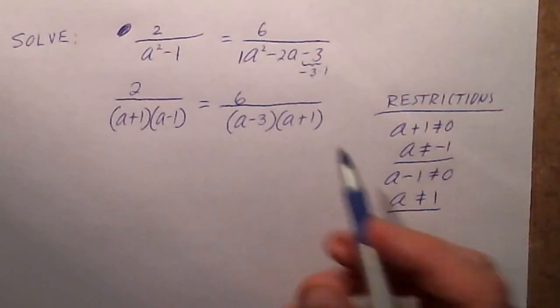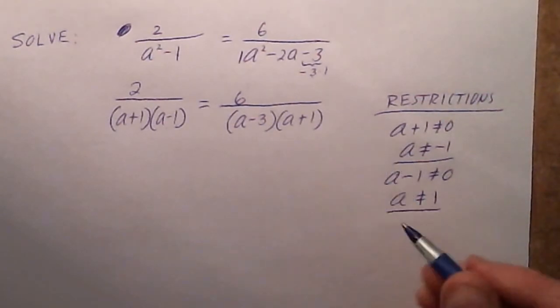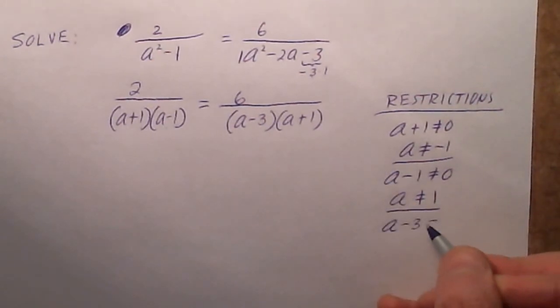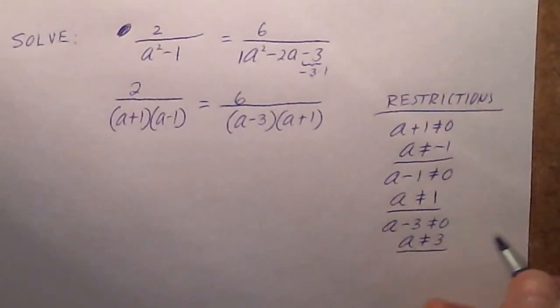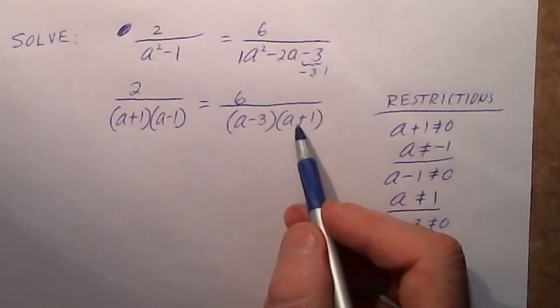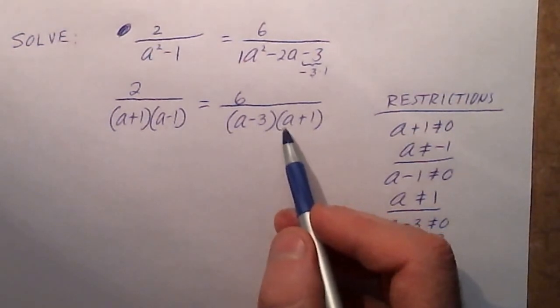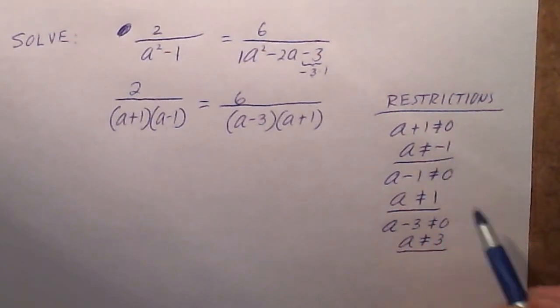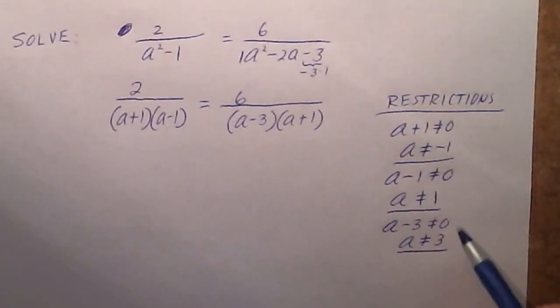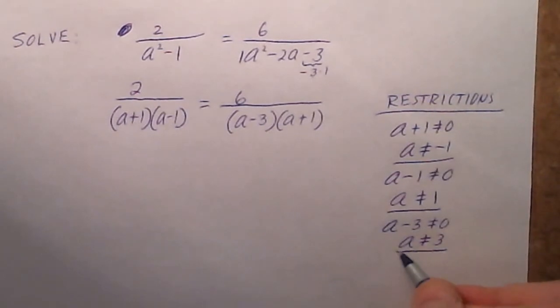Another restriction. A minus 3 better never be equal to 0, which is to say that a better never be equal to 3, or a plus 1 never better be equal to 0, but we already dealt with a plus 1 not being equal to 0, which is saying a cannot be equal to negative 1. So these are all the restrictions, ladies and gentlemen, that are placed on this rational equation.